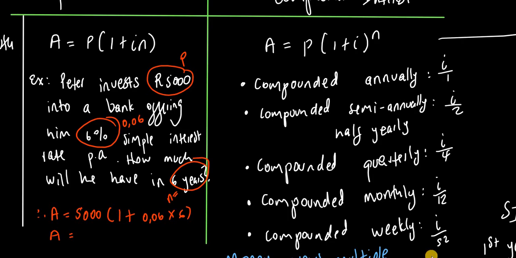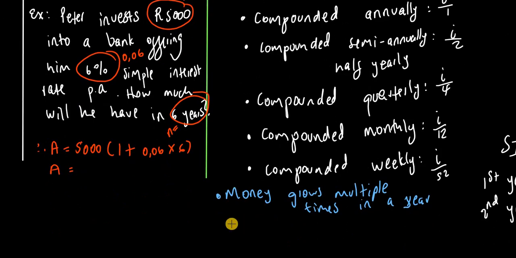And then another thing is that it not only grows multiple times in a year, né? Interest is always calculated on the previous balance. When we say that percent, you always multiply it with the previous balance.